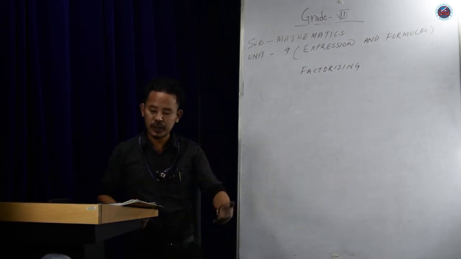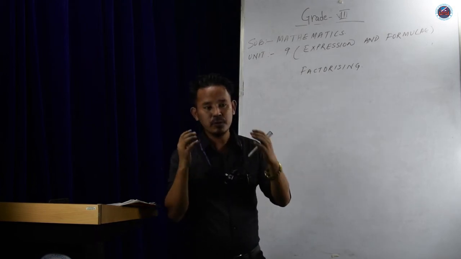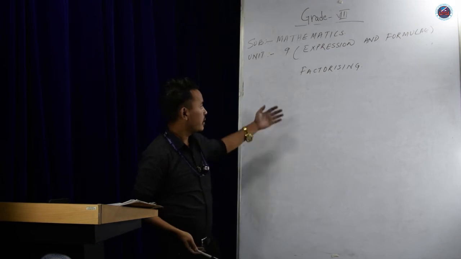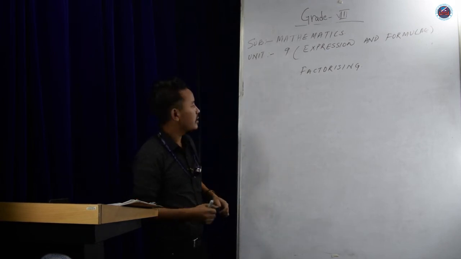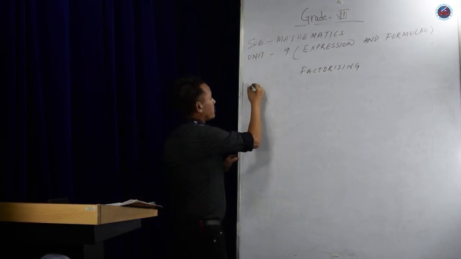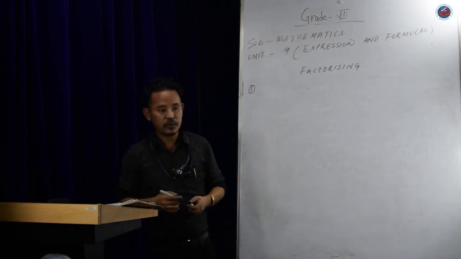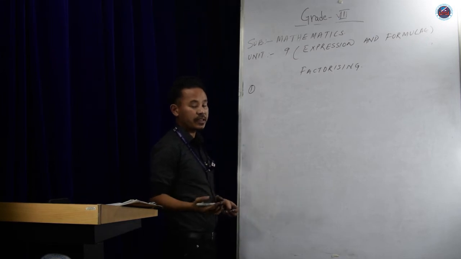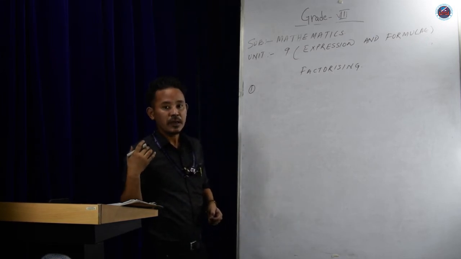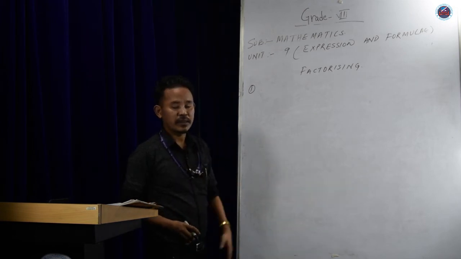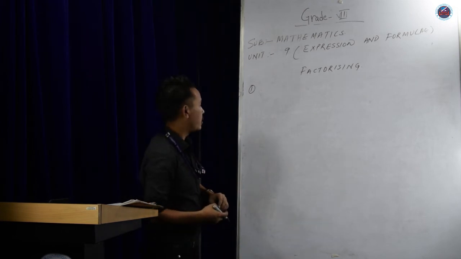Factorizing means we usually take out the common factors and try to solve it, and that's how we are going to do in 9.5. From 9.5, number 1, I'll be taking one sum, number 2, one more sum, so it will be easier for you to understand. If you have any doubt, you can refer back to the notes which have been given to you, where it has been explained in more detail.